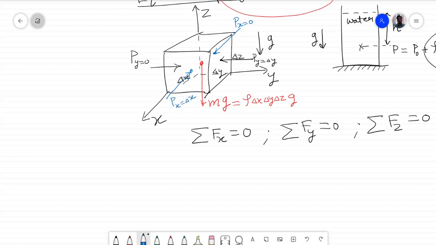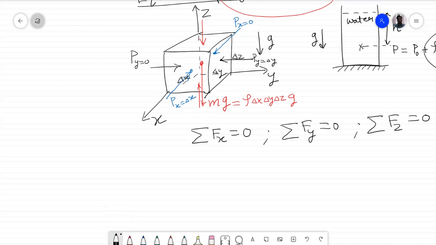So you can see we are using this convention for the direction of pressure, that pressure is positive when it acts on the surface, so it is towards the surface. Similarly, in z direction you have pressure on the surface here and on the surface here at the bottom.